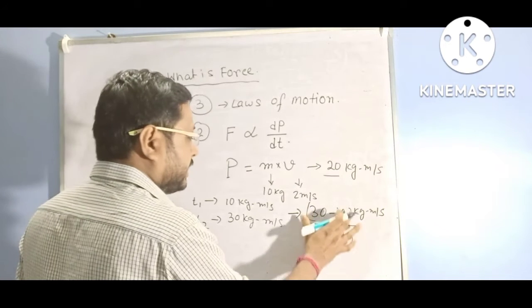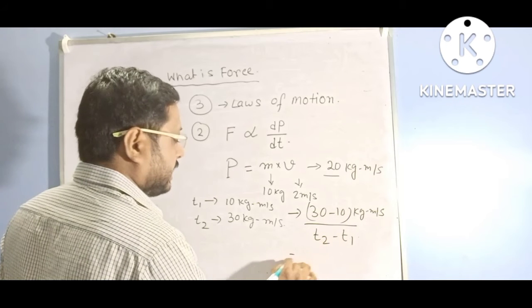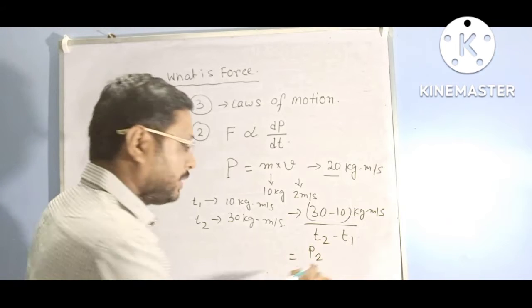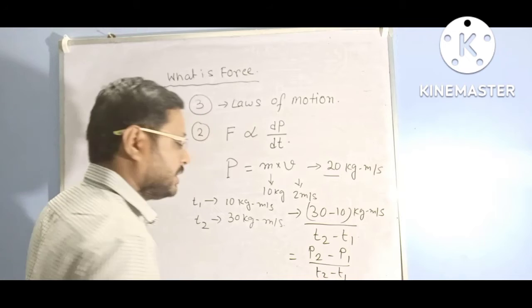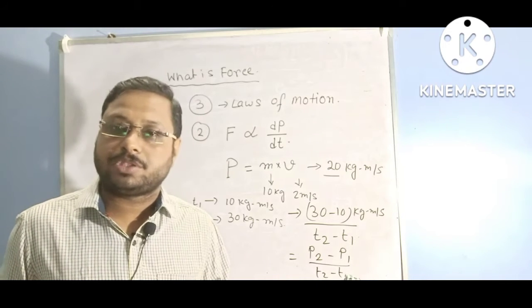If this is P2 and this is P1, then P2 minus P1 by T2 minus T1 is the rate of change of momentum.